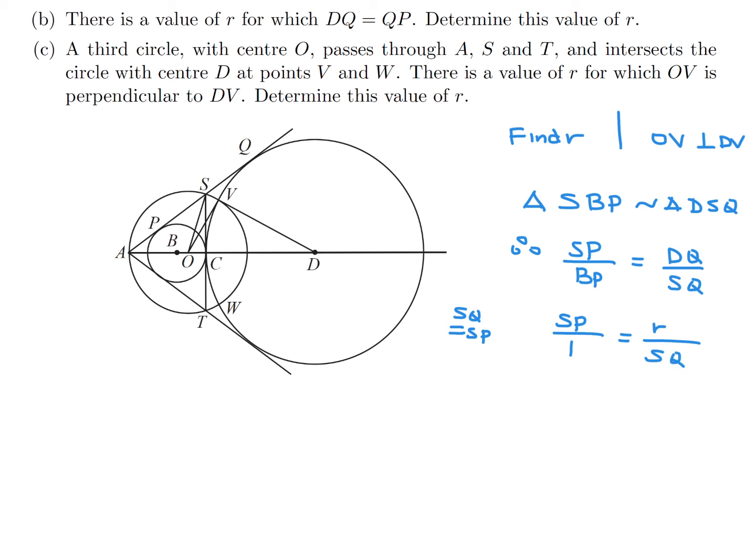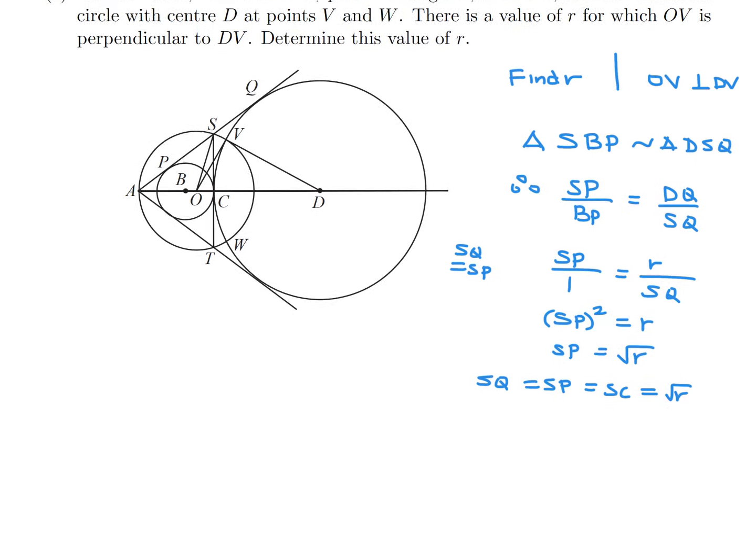So that means SP squared would be equal to R. And therefore SP would be root R. Okay. So that means that SQ, which is equal to SP, which is also equal to SC, is equal to root R. All right, so that's one step.